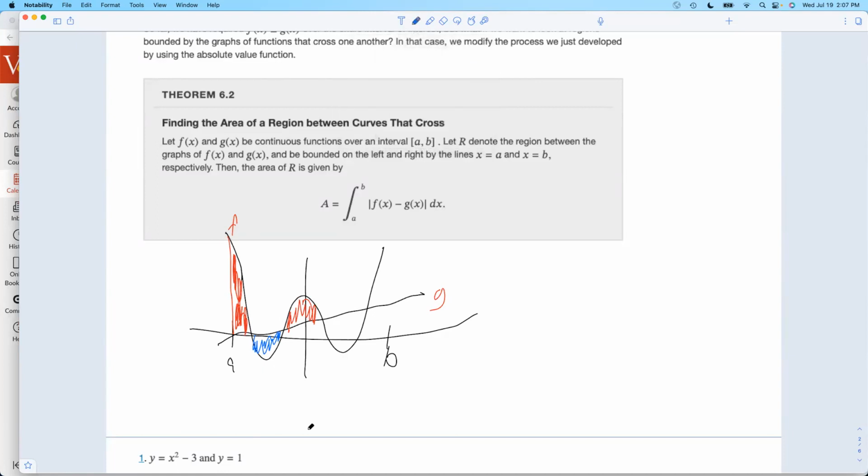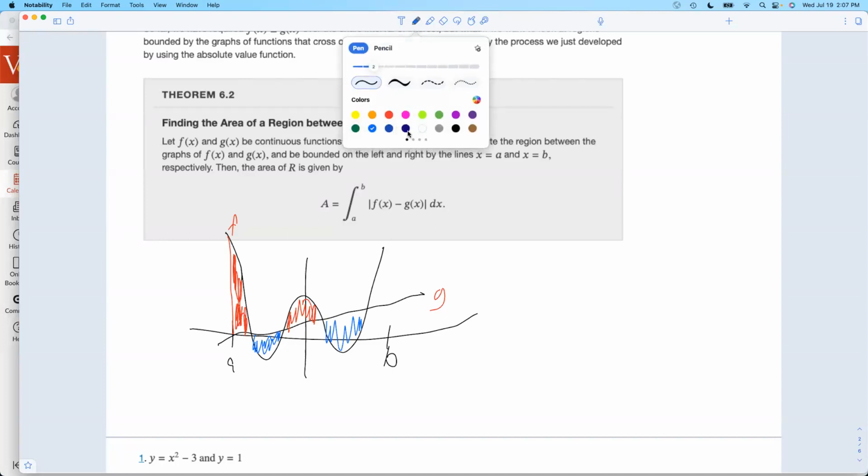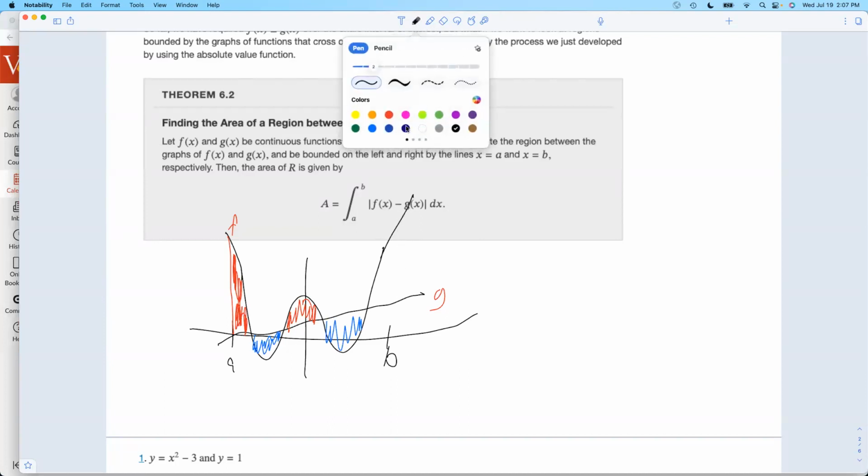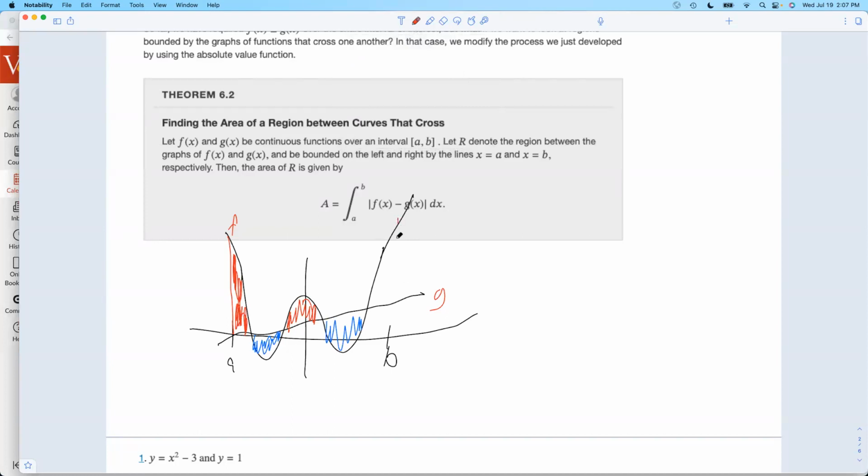Now G is on top. And now in this region, F is higher than G. So I think I was doing red for F on top. So all of this shaded area is what I would want to find. That's what this question's asking for.